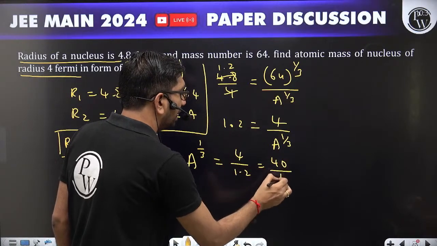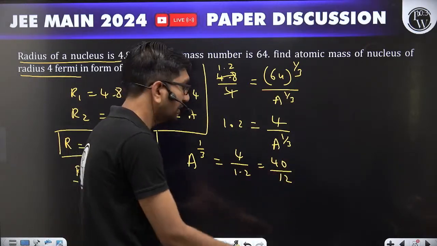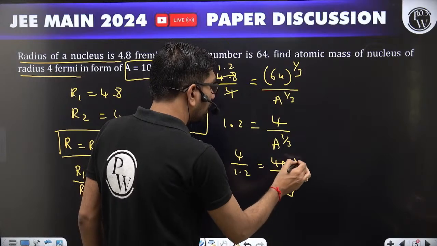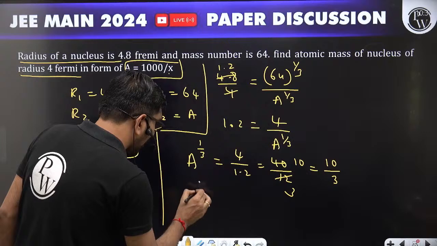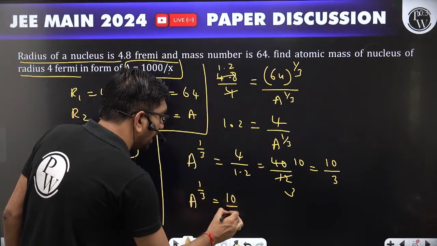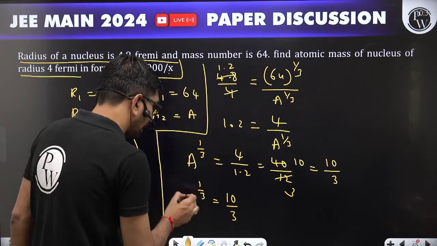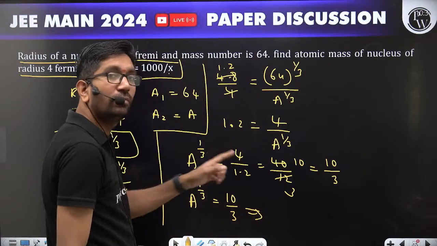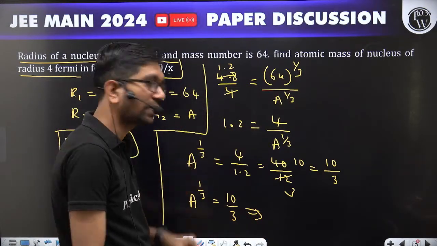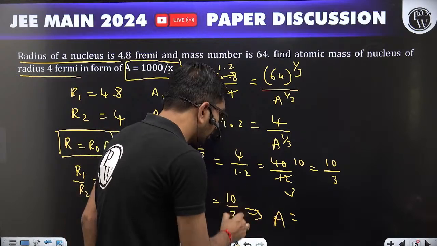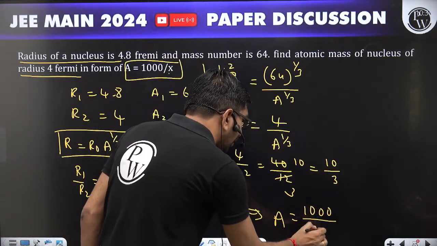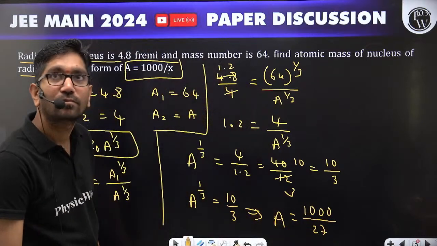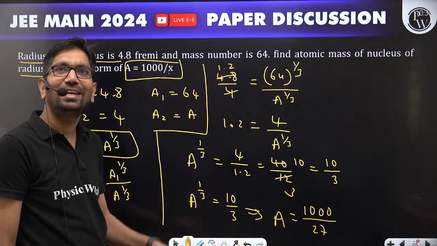We can write this as 40 by 12, that is 10 by 3. Now cubing on both sides, A is equal to 10 by 3 whole cube, which is 1000 by 27.